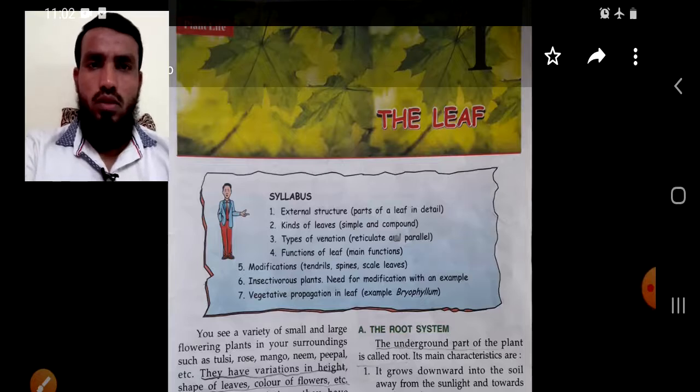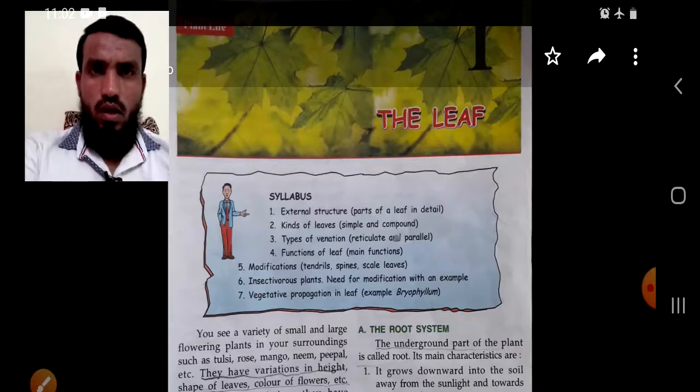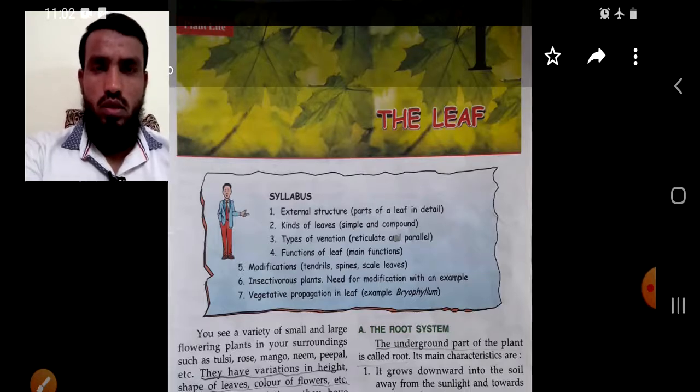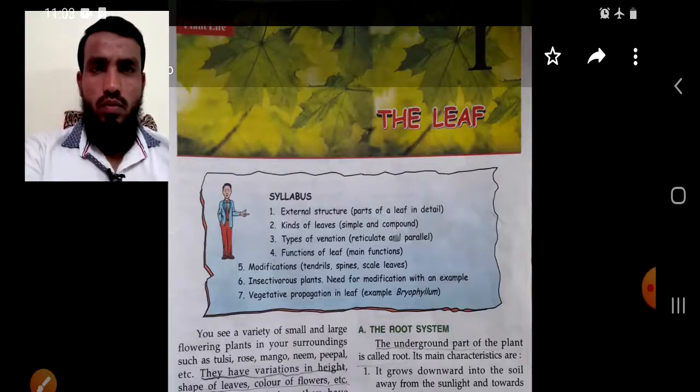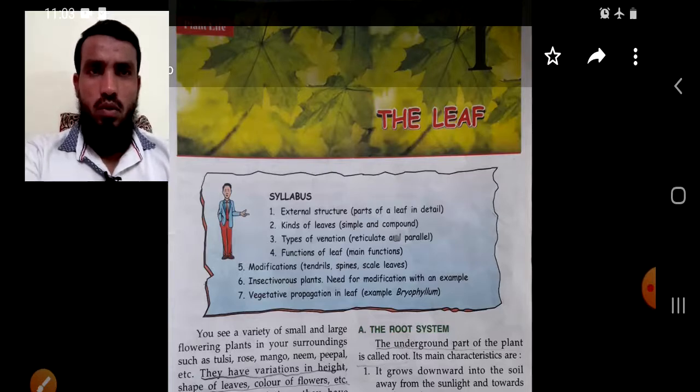So you have 3 books: number 1 for biology, second for chemistry, and third for physics. From 6 onwards, the whole portion is divided into 3 parts. We will start with the biology book, and the number 1 chapter name is the leaf, right?